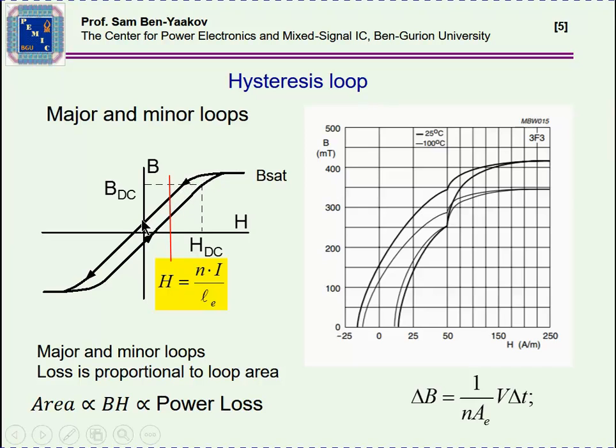The difference here is actually this loop that I'm going through, and this loop could be a major loop, as shown here, when I go from saturation in one direction to saturation in another direction, saturation in terms of the magnetic flux density, or it could be a minor loop, that is, I'll go around a given operating point.